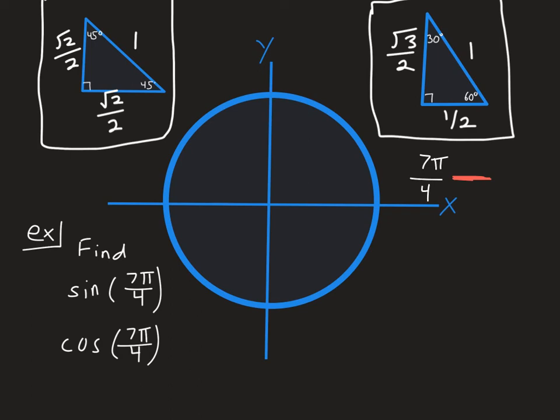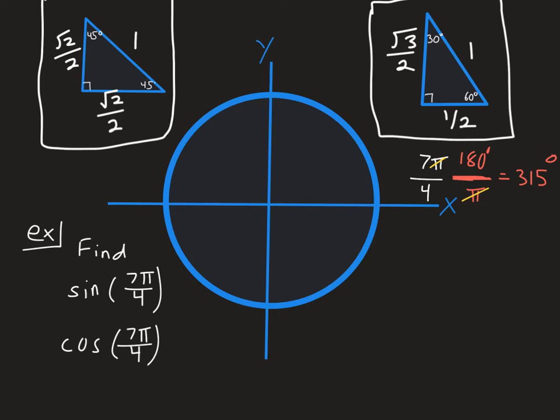So if I want to get to degrees, I want my pi to cancel, and that would be the 180/π. Then we simplify, and that comes out to 315 degrees. Optionally, you could just change that 7π/4 to 315 degrees and go about your business from there.